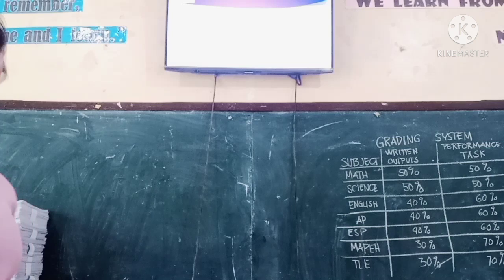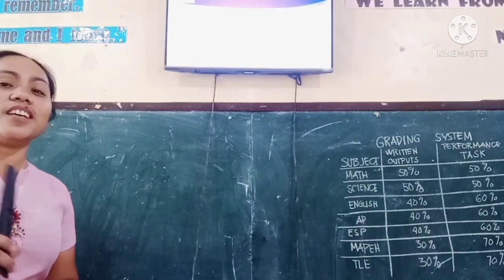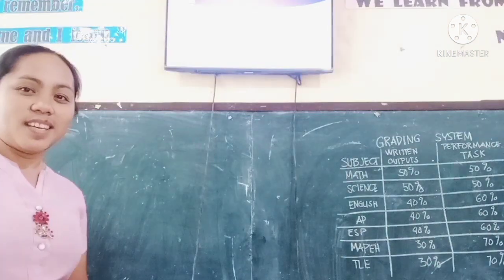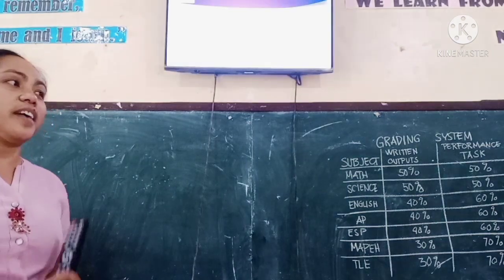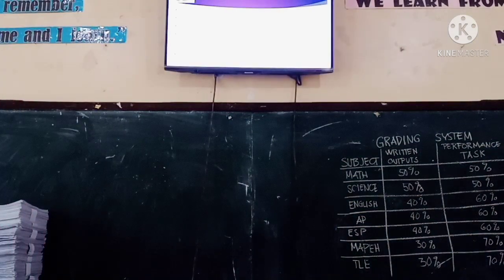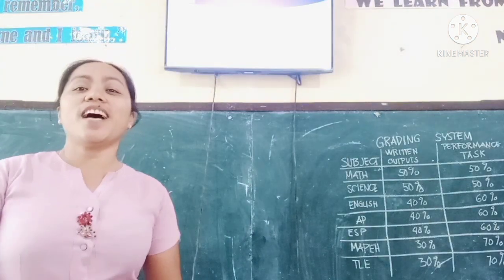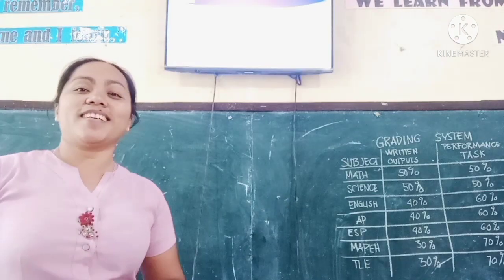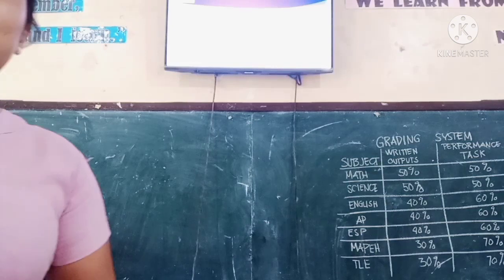Number 4, Eve. Okay, check. Number 5, Isa. Okay, check. Alright, who got perfect? Okay, very good, Hannah, for making perfect. Okay, return to your seats.